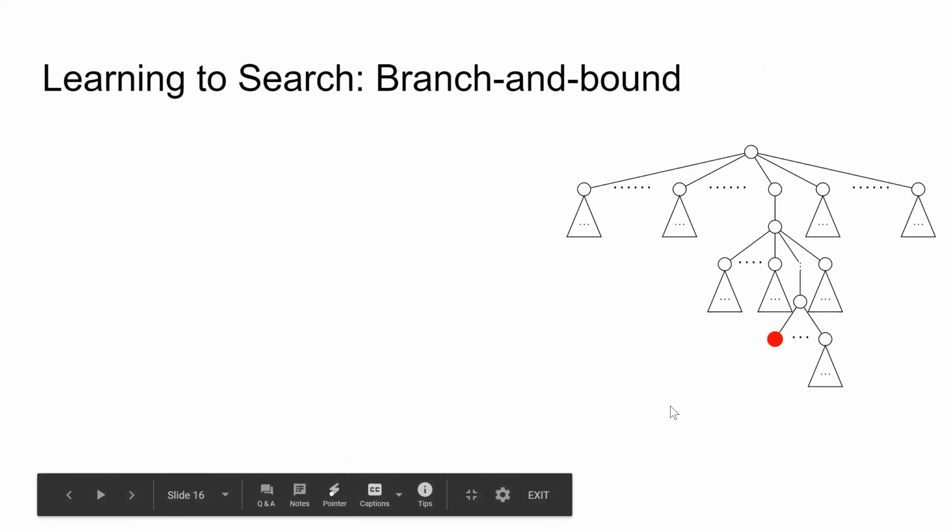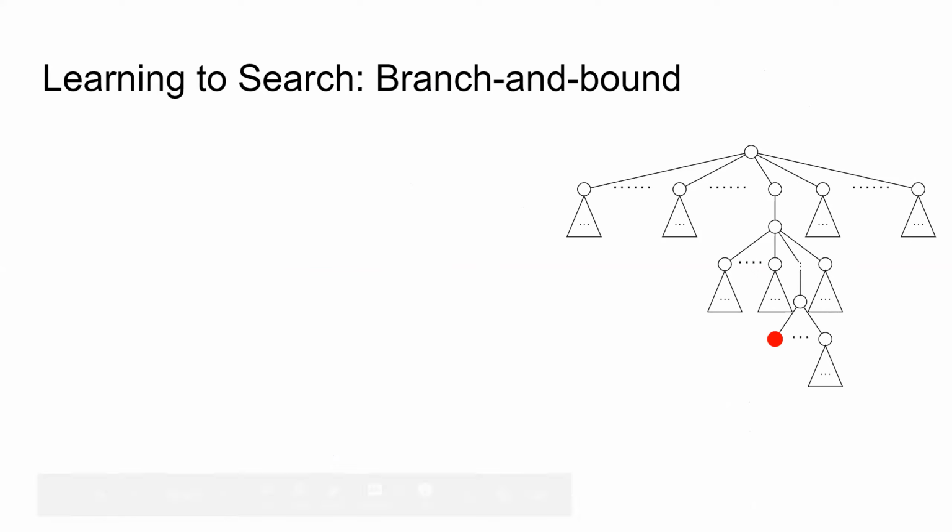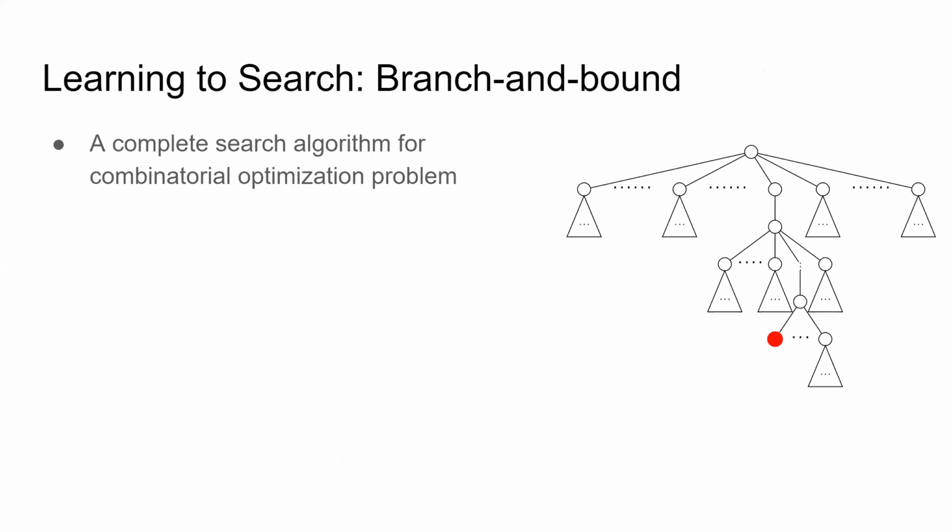For this class of problems, we'll consider integer programs, and the main framework people use to solve integer programs is branch and bound. It's a complete search algorithm for integer programs, meaning that if I run it till the end, I'm guaranteed to find the optimal solution, and I'm also guaranteed to find a certificate of optimality, meaning I can certify that the optimal solution found is indeed optimal.